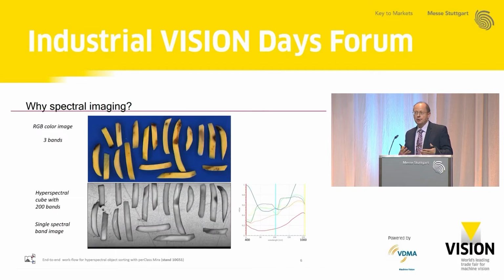But why should we actually do it? Can we give some simple examples? If I look at potato chips on a tray, and I image it with a classical color camera, and I also look at a single band from a hyperspectral cube, you don't really see something very exciting.